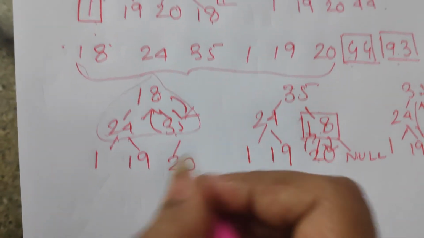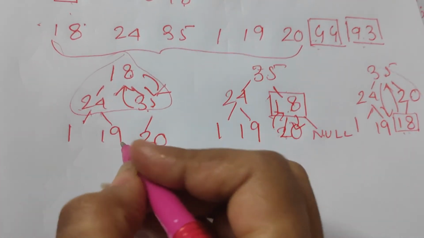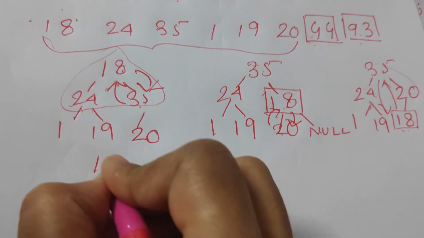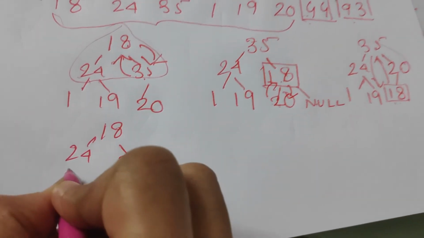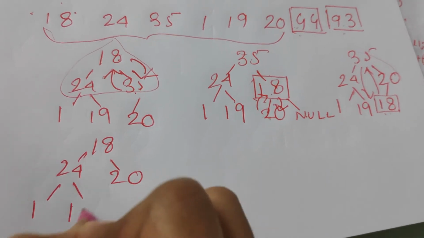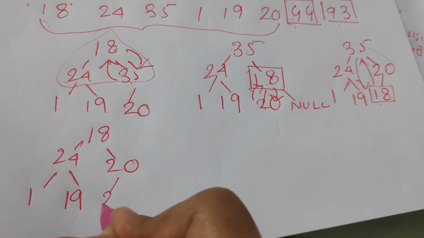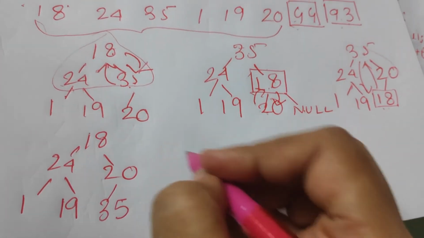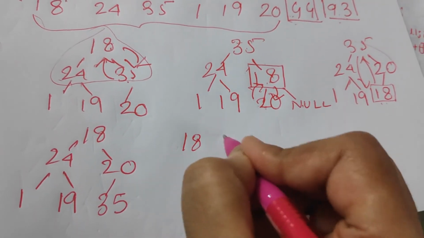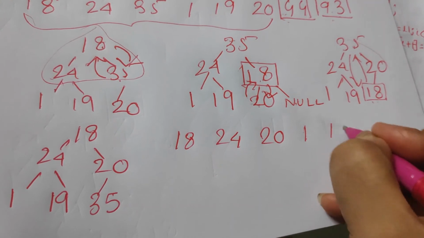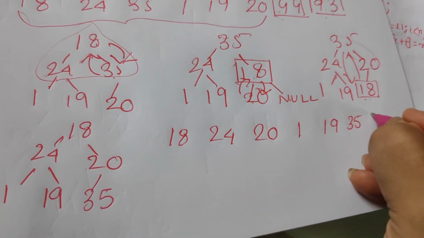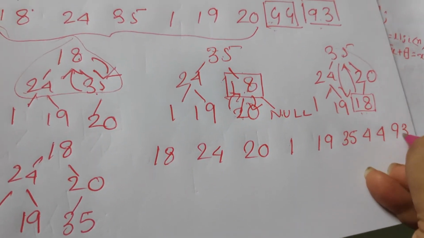So the tree would become 18, 24, 20, 1, 19 and 35. So the array would become 18, 24, 20, 1, 19, 35, 44 and 93.